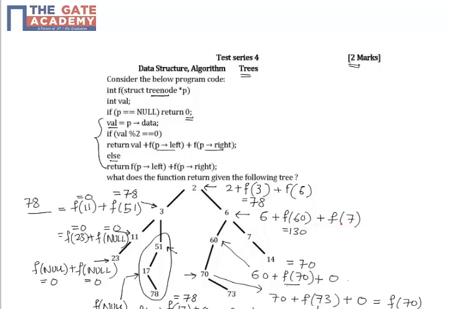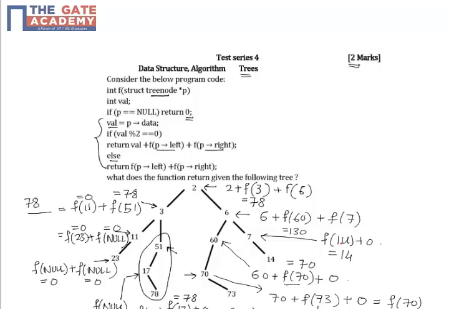Okay, and now we'll call f of 7. My pointer is pointing here, and because it is an odd number, I will call f of 14 plus 0. This is 0 because the left subtree here is null, so f of null is nothing but 0. Now when I am calling f of 14, the result of this call will be 14 because it is an even number, so it will return 14 plus the recursive calls to the left subtree and right subtree.